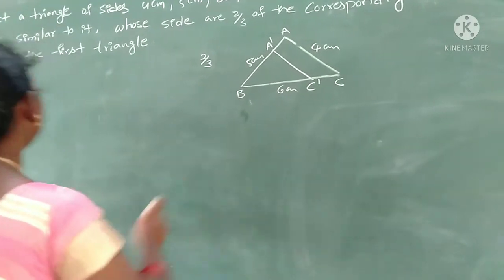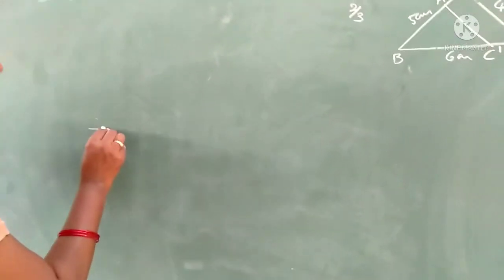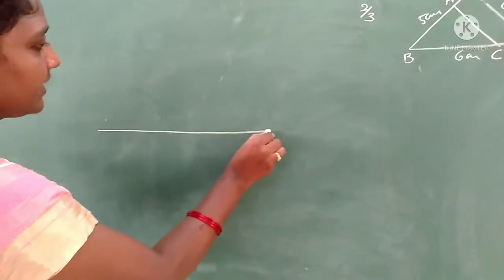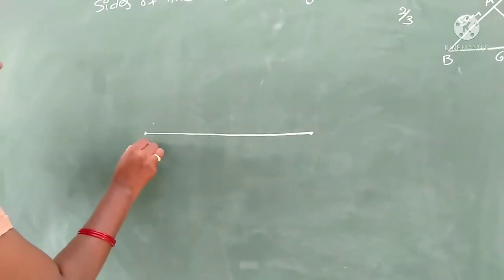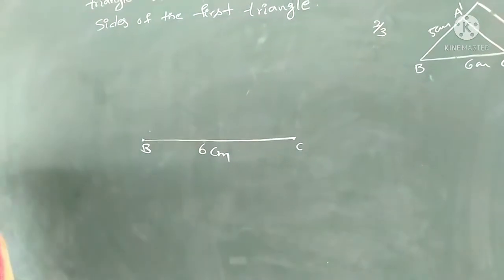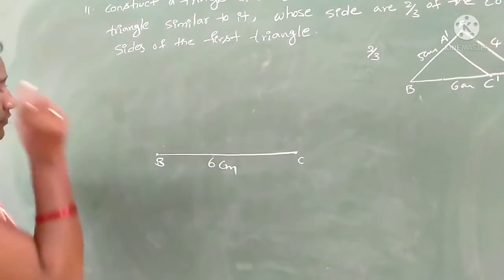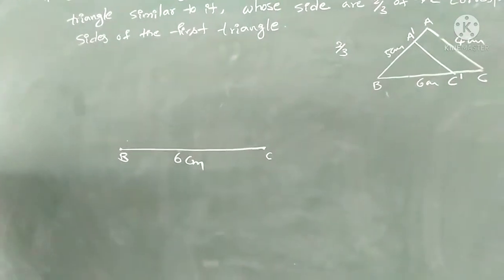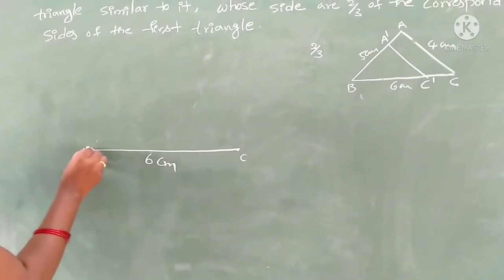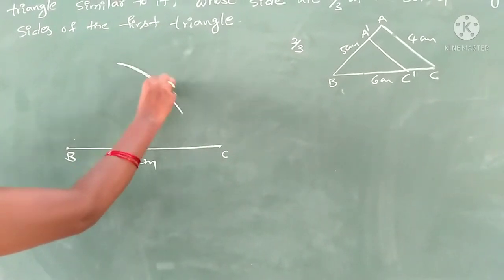First, draw BC, the 6 centimeters line segment. Next we measure 5 centimeters with the compass with center B and draw the arc.